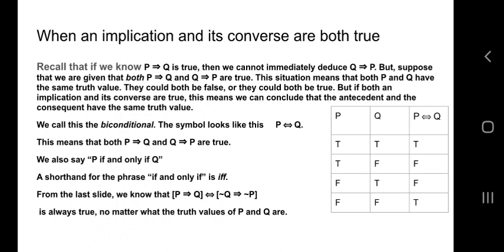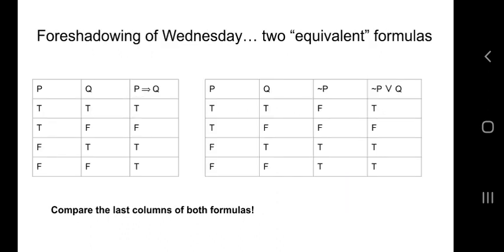For now, notice that a biconditional means the formula on the left-hand side and the formula on the right-hand side are logically equivalent, meaning they always have the same truth value. Either they're both true or they're both false. Equivalent formulas on either side of a biconditional result in a formula that's true all the time.